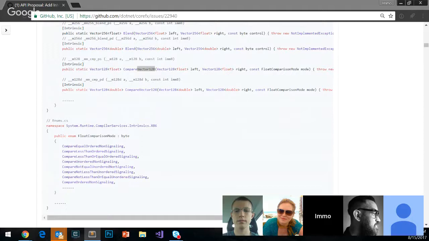So another question: should it be nested in the type? So the type is a bunch of static methods. You can now in C# do using on a static type and then just call convert vector, compare vector. And then if the enum was nested inside the static type, you could just say float comparison mode that blah.